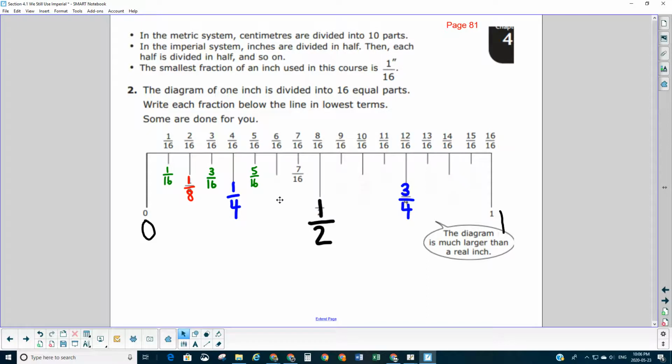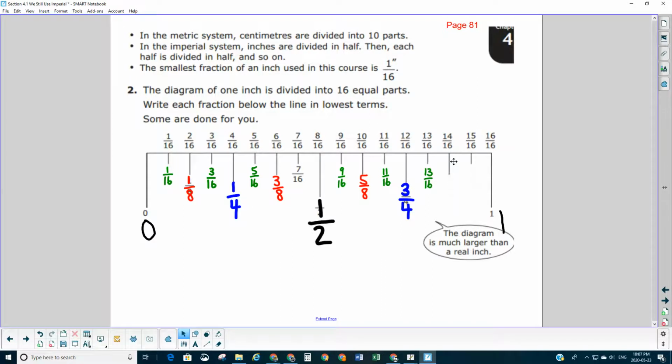So if you divide by 2, 16 divided by 2 is 8. 6 divided by 2 is 3, and so that becomes 3/8. 7/16 is already reduced, and you can see there 8/16 we reduced to 1/2. 9/16 doesn't go any further. 10/16 you can divide both of those top and bottom by 2. So 16 divided by 2 is 8, and 10 divided by 2 is 5. So we got 5/8. This is reduced already, 11. This one we've already done.